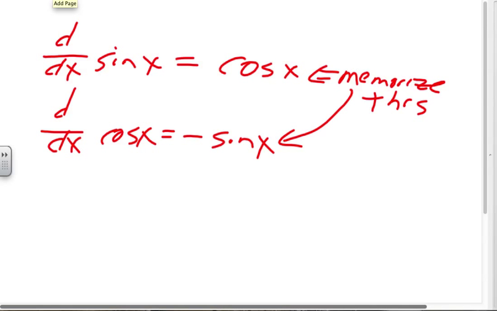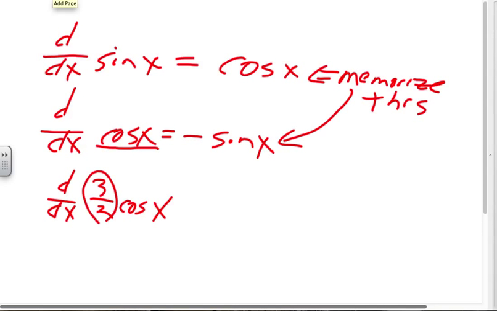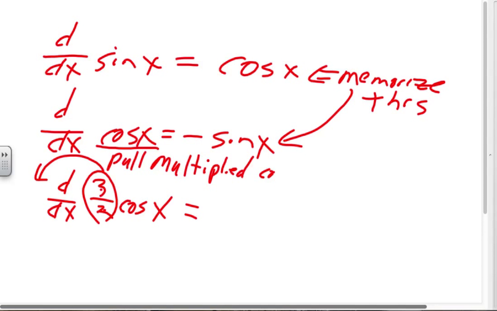Let's take a look at how we're actually going to do this. Say I want to find the derivative of that. We say, okay, it looks like that, except I've got multiplied something in here. And you notice that this 3/2 is multiplying it. So the trick here is pull multiplied constants out of your calculus.